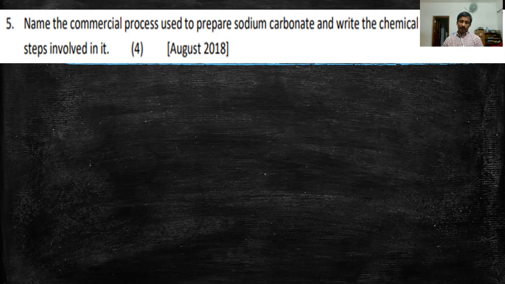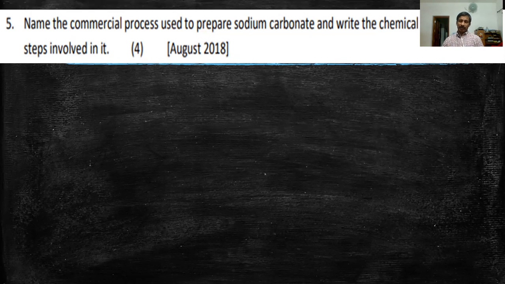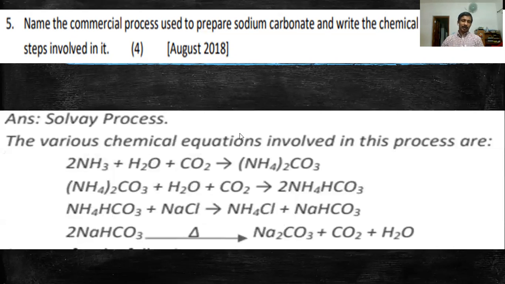From ammonium bicarbonate, sodium bicarbonate is produced. Sodium bicarbonate is crystallized and separated by filtration, and on heating it decomposes to give sodium carbonate. These are the steps. If you can remember the steps, you can write the equations very clearly.